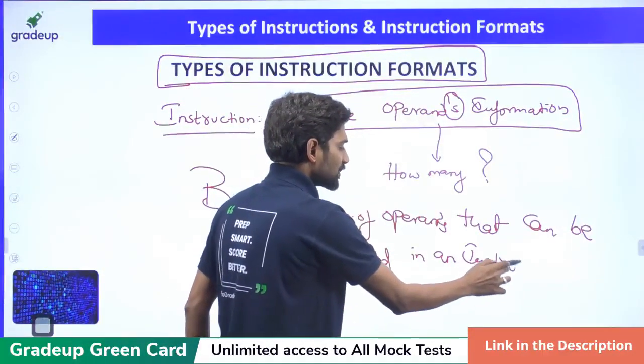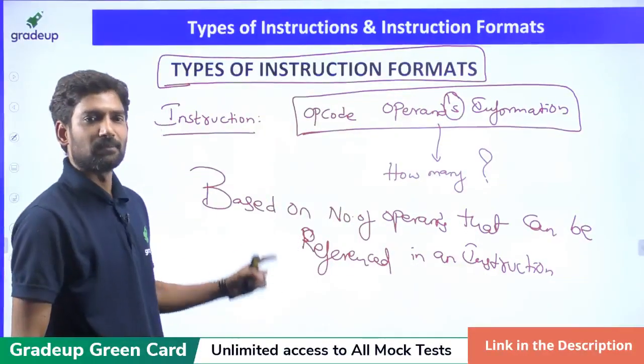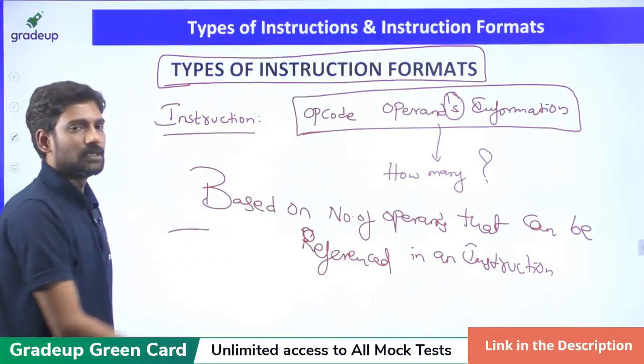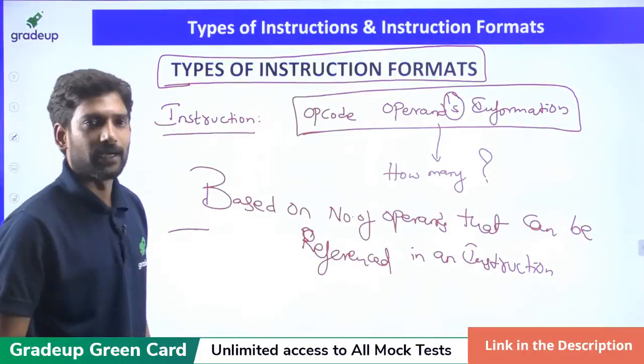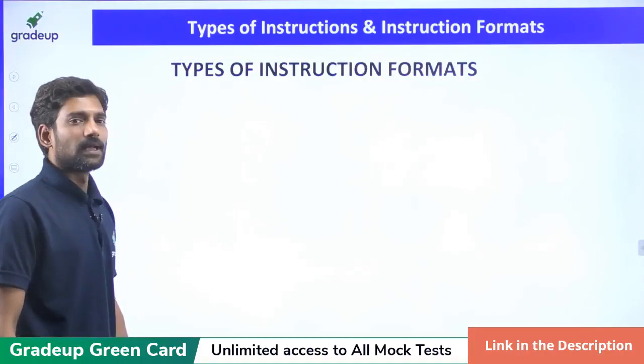So, in one instruction, how many operands' information can be given at a time? Based on this, instruction formats are classified. What are they? Let's see.